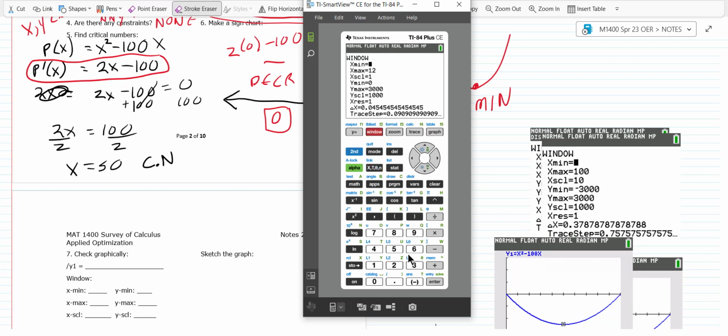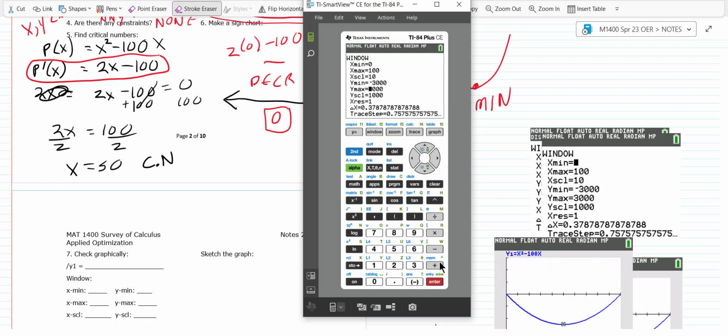So what we're going to do here is, for X minimum, we'll go 0, X max will go 100. I'm doing that because 50 was the critical number, so I want 50 to be in the middle of that somewhere. Then I can scale by 10. And as far as the Y's, you'll see this well if you do negative 3,000 for your minimum, and 3,000 for your maximum.